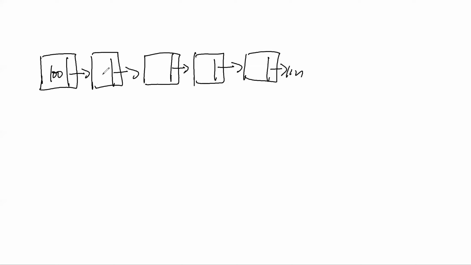And then next, let's see. We still didn't get to the point of why we need a linked list. Suppose we just have these five nodes linked: 100, 200, 300, 400, 500.